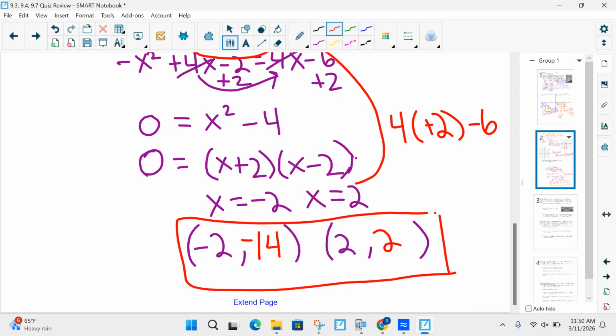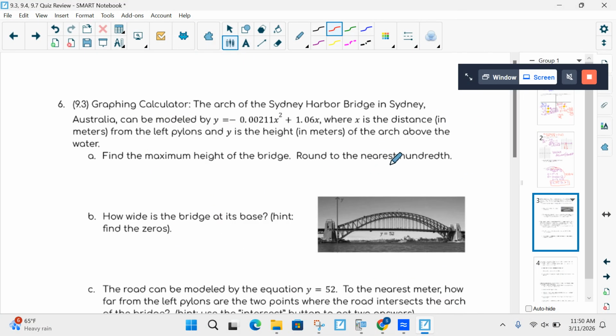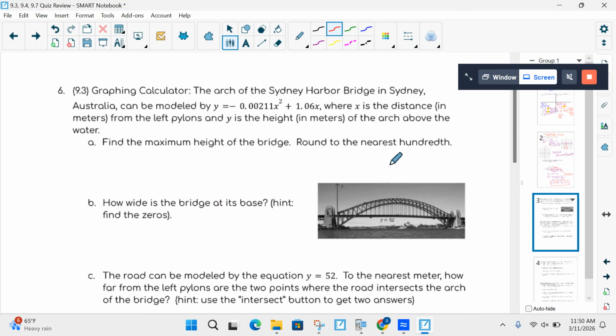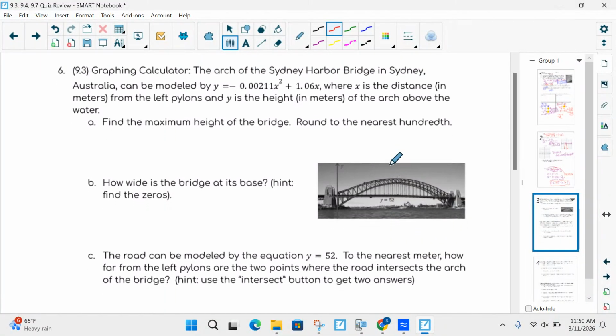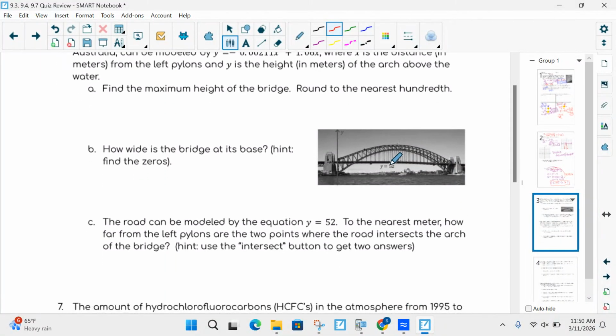All right, now to the word problems. So prepare your calculator. There will be one word problem on the quiz. It'll be like how number 6 is set up, but you have to draw a sketch like you do number 7.